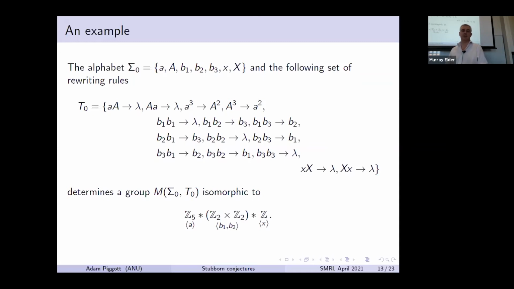And if you see lowercase a cubed, for example, you may replace it by uppercase A squared. If you stare at just the a's and the rules for the a's, you might see that they're defining for us a group of order 5, a cyclic group of order 5, generated by lowercase a, and uppercase A is its inverse. So that third rewriting rule is just saying that lowercase a cubed is really the same as a to the minus 2.